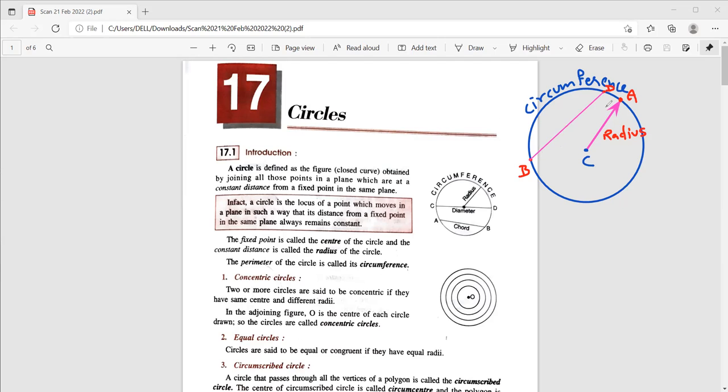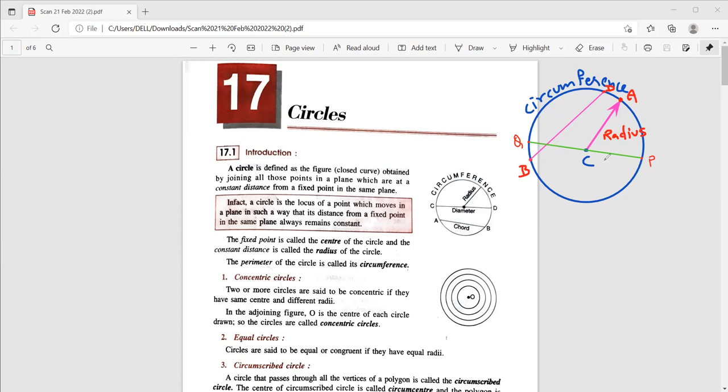And remember that if this chord is passing through the center of the circle, then the chord becomes the longest chord. Here I have a point P and another point Q. I'm joining these 2 points.